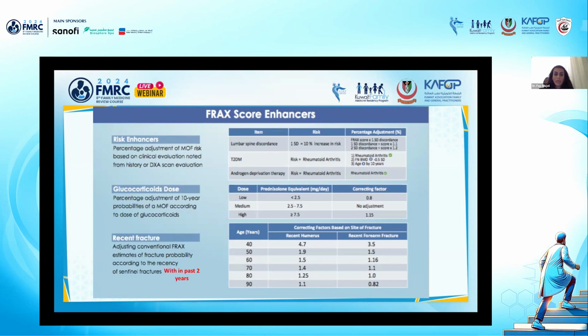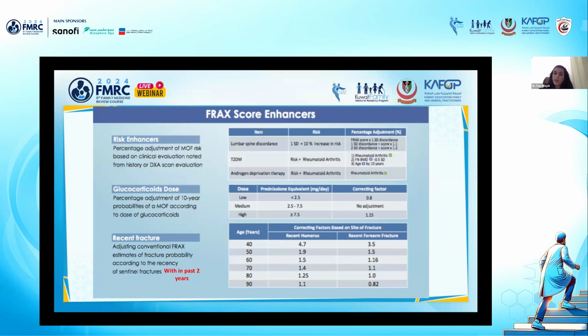Okay. If the patient comes back to you with a DEXA scan of the hip and the vertebra with a discordance between them, which means that, as you know, in the FRAX we use the T-score of the lowest hip, but we don't use the T-score of the spine. But sometimes the spine is worse than the hip.